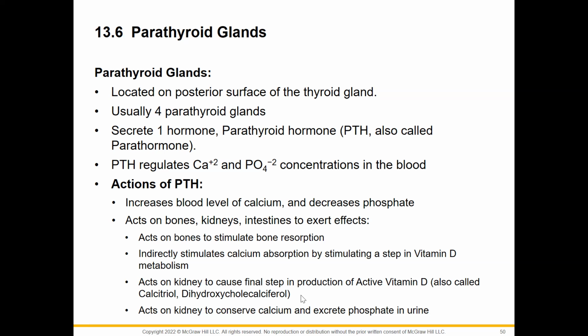What we already knew was that the kidney filters the blood to then excrete waste out of the urine. So one of the waste products that the kidney will work on is calcium and phosphate. Well, I guess that's not one, that's two, but calcium and phosphate.